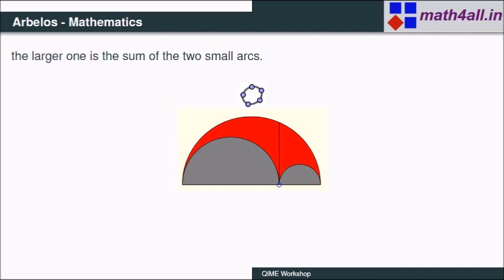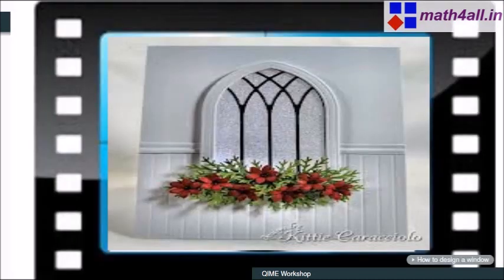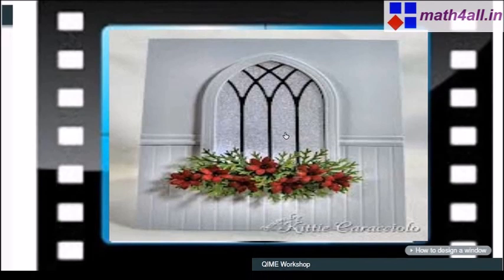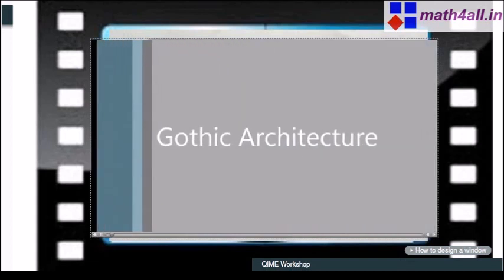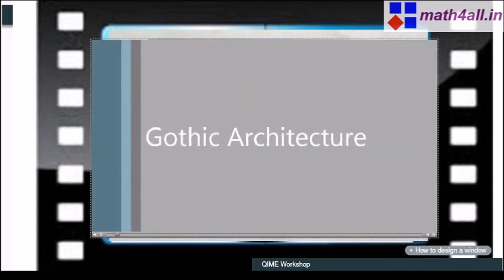Okay, so let us go ahead. Here is probably a video. Let me show you a part of it, which shows you how circles and arcs are used in architecture. So you see the circles, arcs.